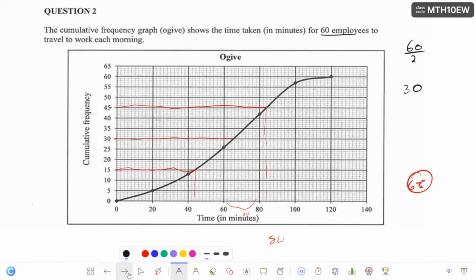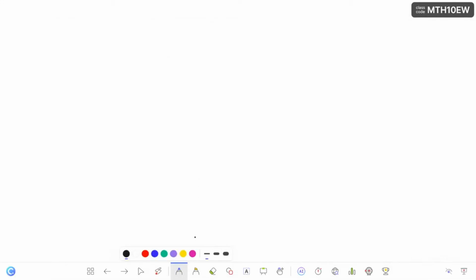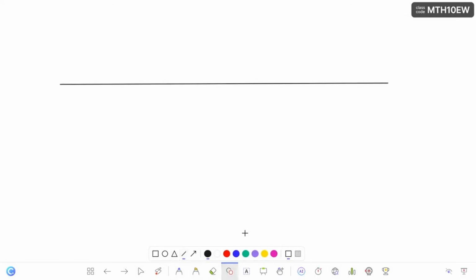So, a box and whisker. For this one, we are going to draw a line. So they said the minimum is what? The minimum is 5.